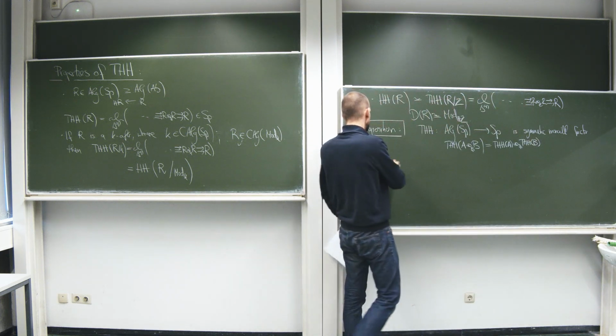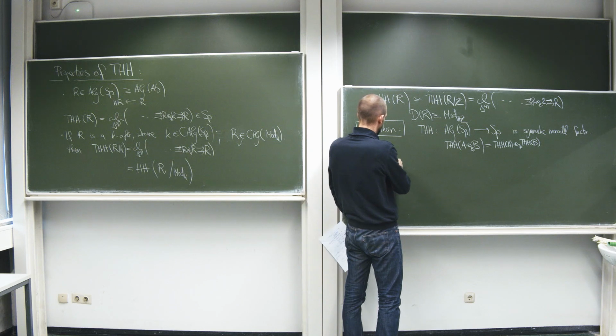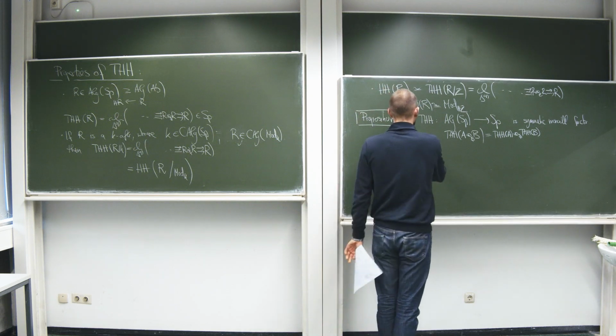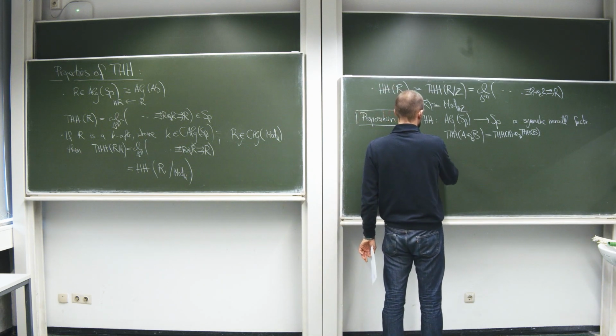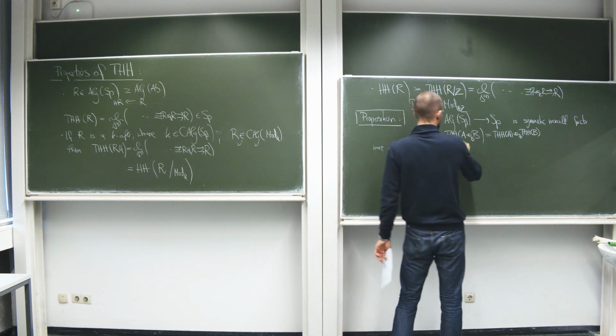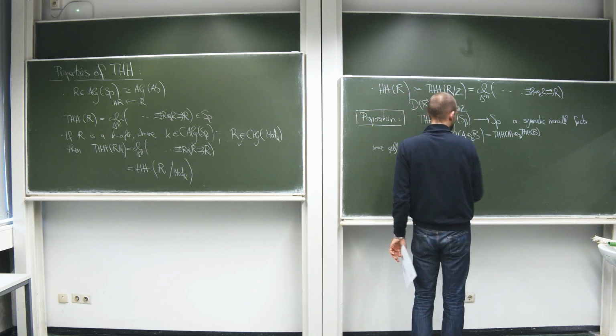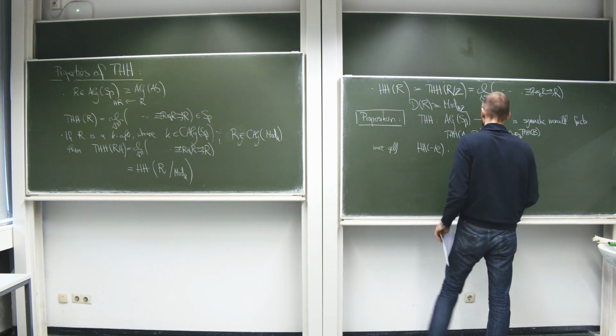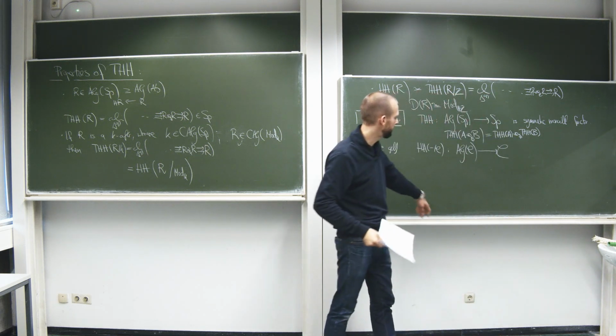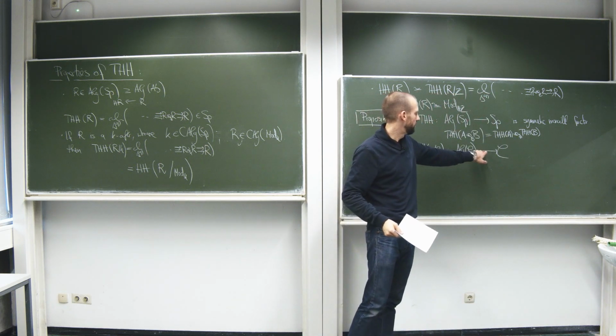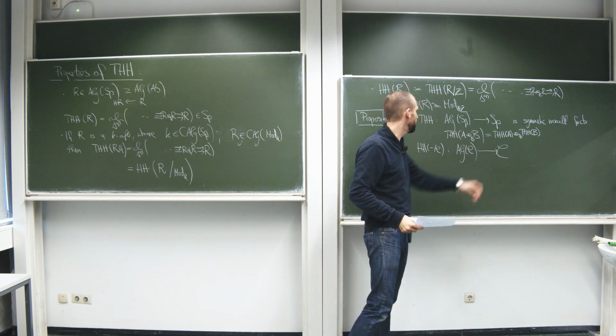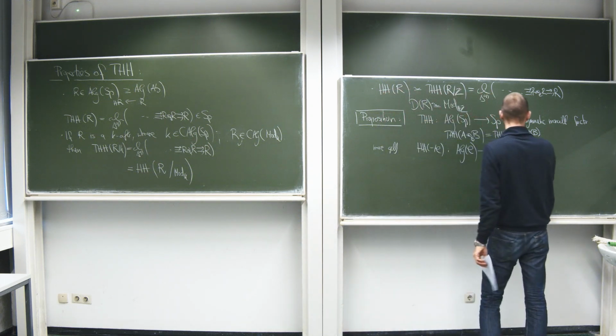And more generally, we have Hochschild homology relative to C, which goes from algebras in any symmetric monoidal infinity category C to C, provided that C has the necessary geometric realizations for this to exist, and it is symmetric monoidal.